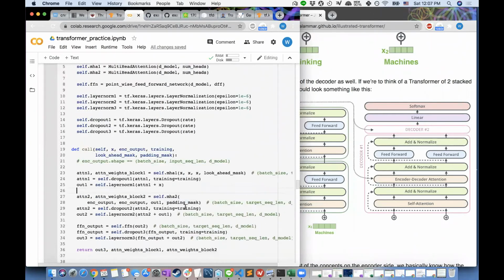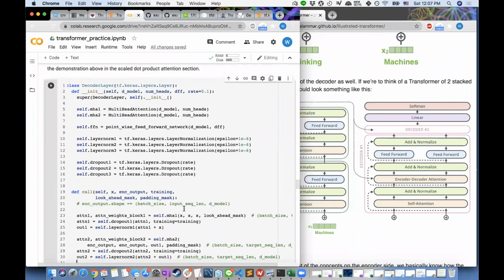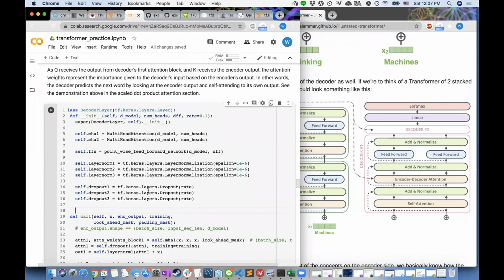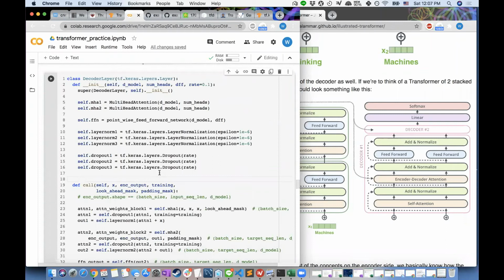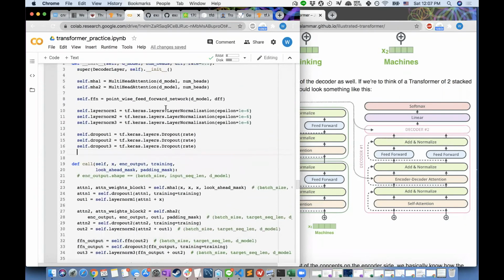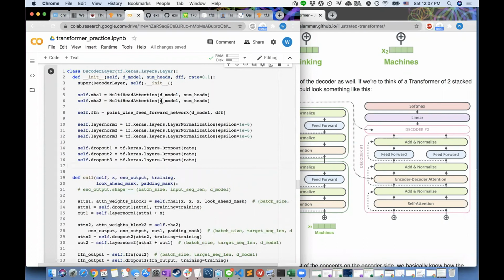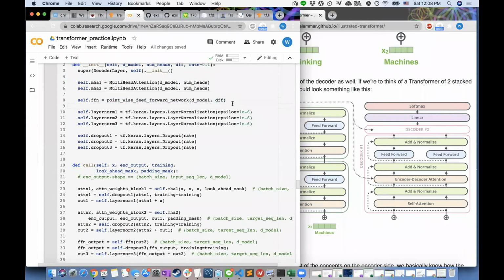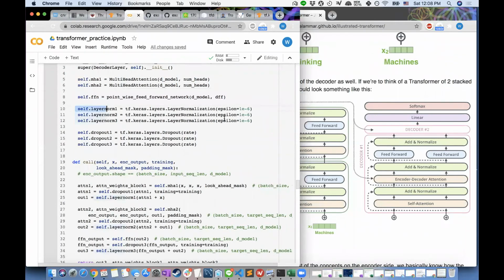It's structured in the same way, and you can see that from the code. So technically it's not self-attention, but it's calling the multi-head attention class. So we need two multi-head attention classes instantiated here, and we have the feed-forward neural network here, and we need three layer normalizations.